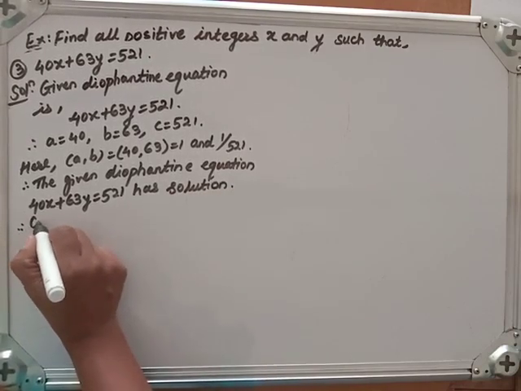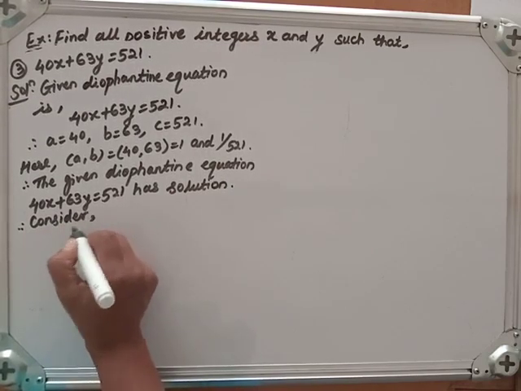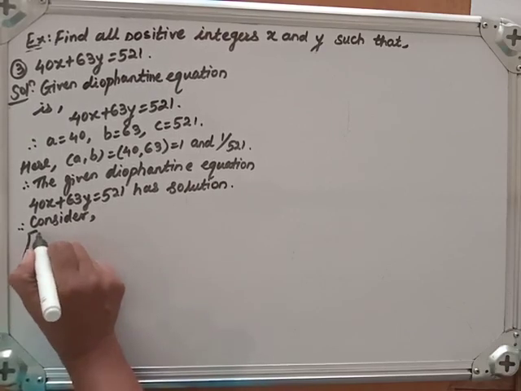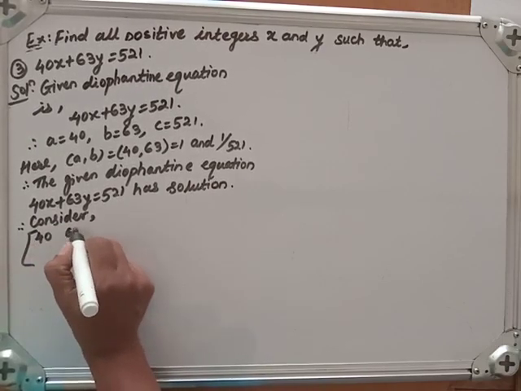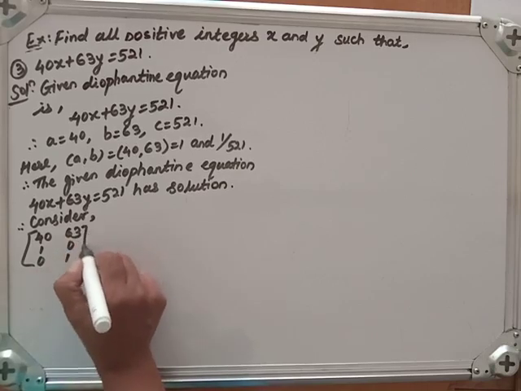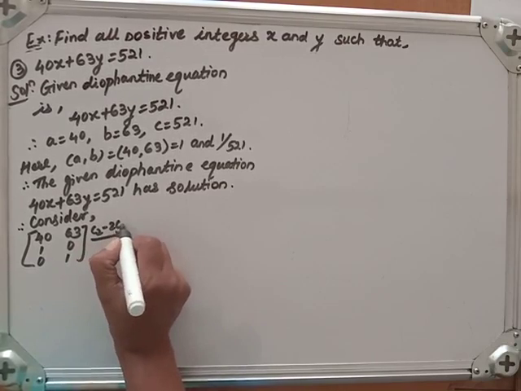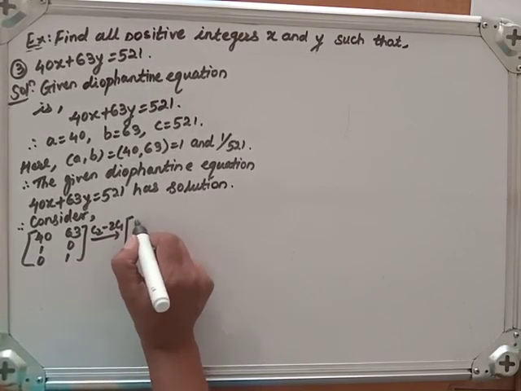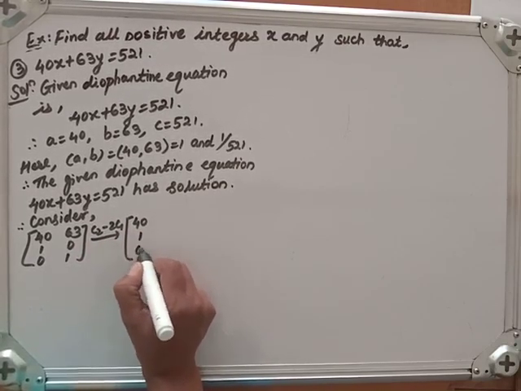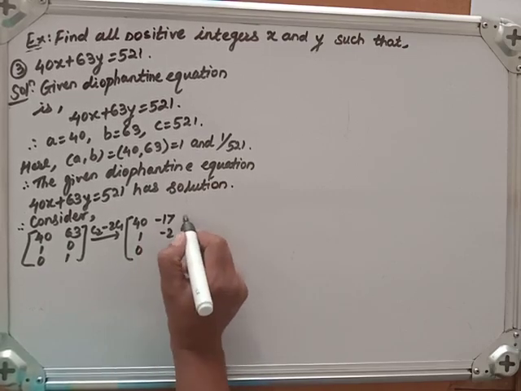Therefore, consider 40, 63, 1, 0, 0, 1. So, C2 minus 2C1. So, it gives us 14, 1, 0. This is minus 17, minus 2 and 1.